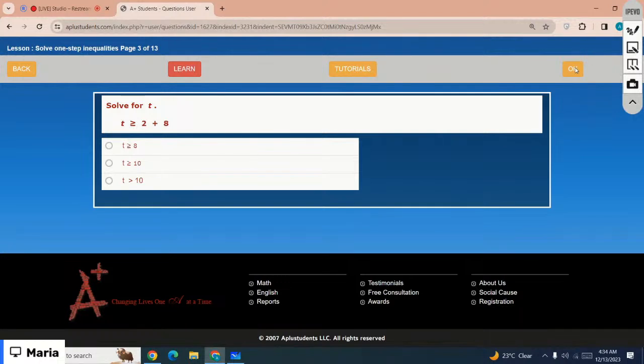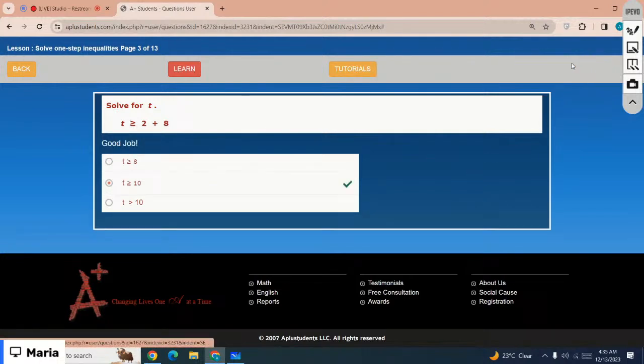Solve for t, which is the correct option? The correct option is t is greater than or equal to 10. Option number 2 is the correct option, right?